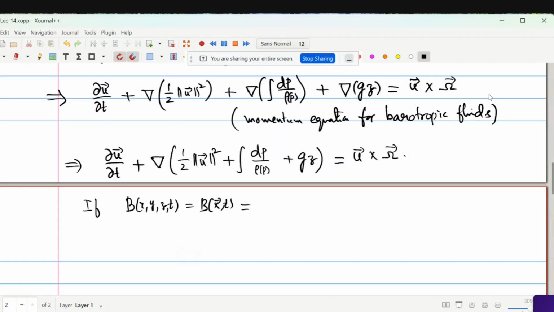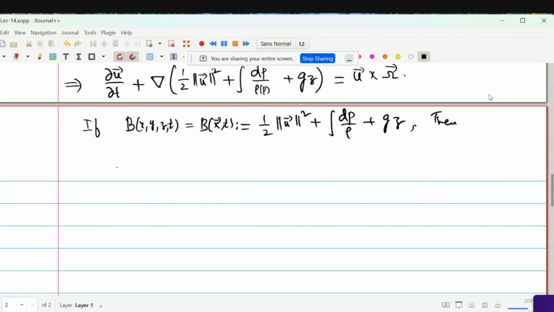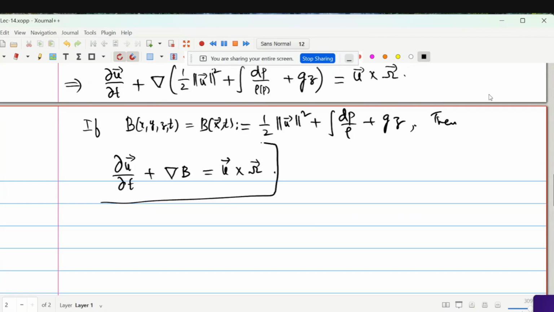If you define it as half u bar squared plus integral dp by rho plus gz, then what you get is ∂u bar/∂t plus grad B equal to u cross omega. This is now your momentum equation.